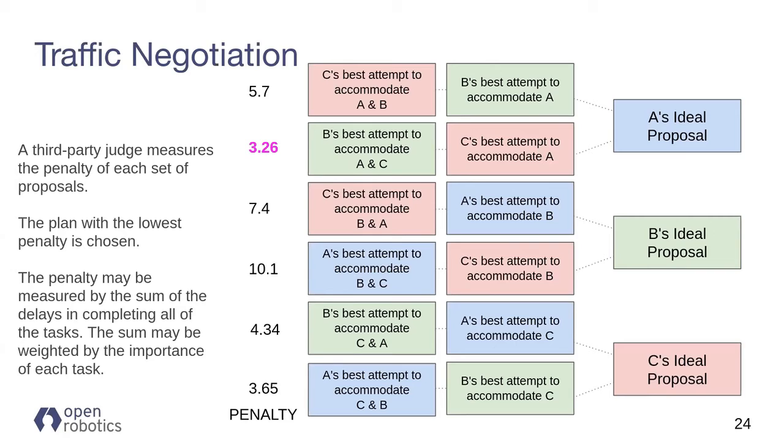So for example, you can have this heuristic being the sum of all the delays in completing all the tasks, but you might also add weight based on the importance of the task, right? You might have some importance value that you assign to each of the tasks, and you want to add a little bit of weight to that important task, and you want to have that reflected in this negotiation, right?